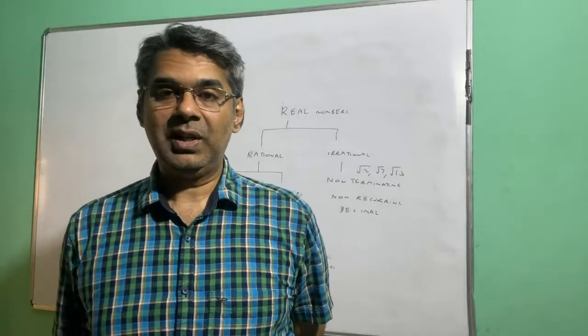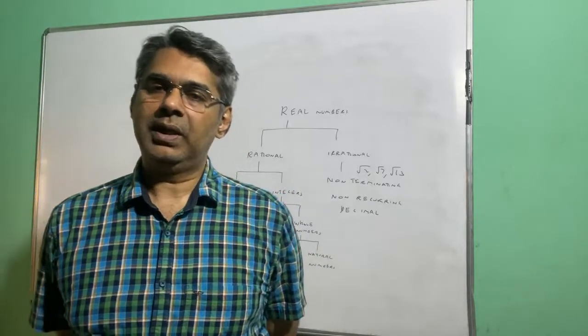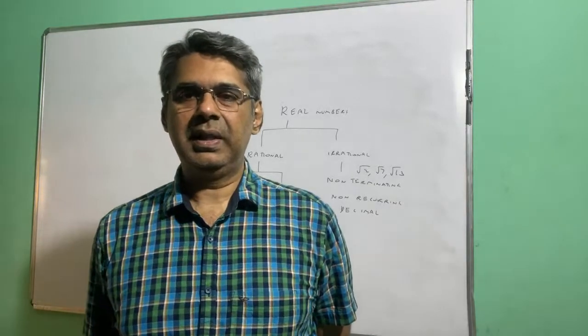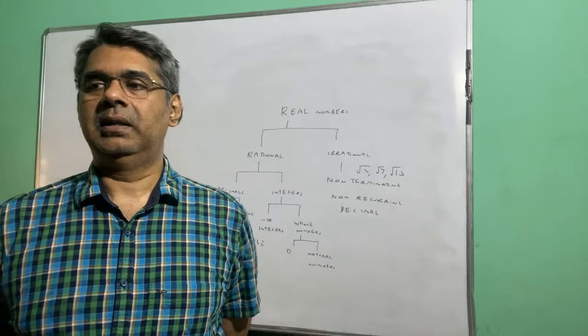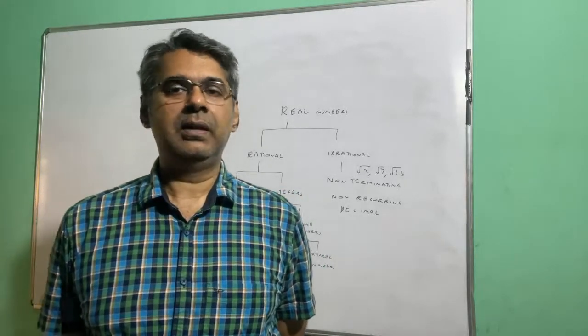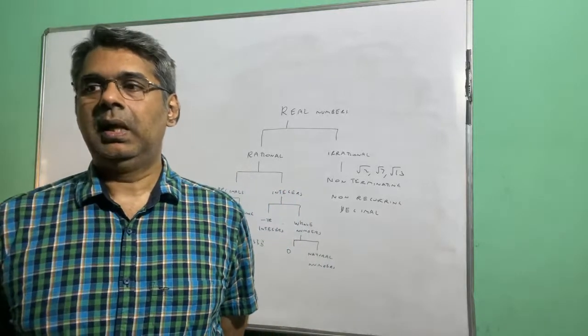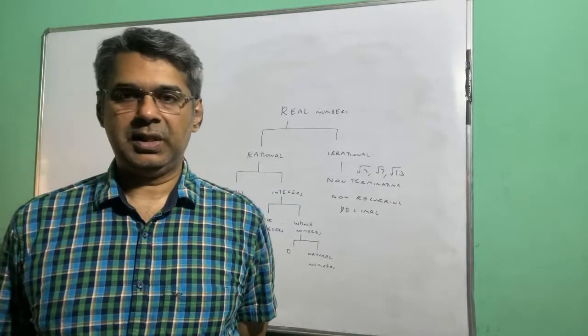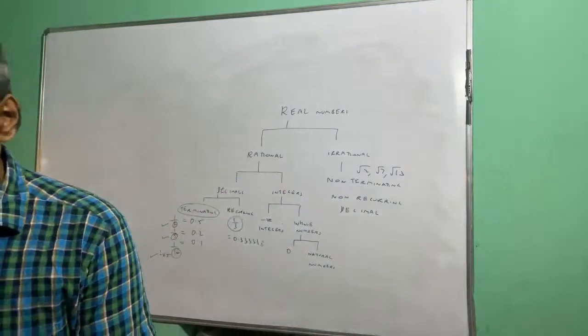I cannot argue against that. You can submit it at 8:59 or 8:58, but try to submit it well within 9 p.m. tomorrow, so that I can check it. I can tell you if it is right or wrong. If it is right, very good. If it is wrong, you may want to join a meeting at 9 p.m. and I'll tell you what the mistakes are, right? So this is the homework.